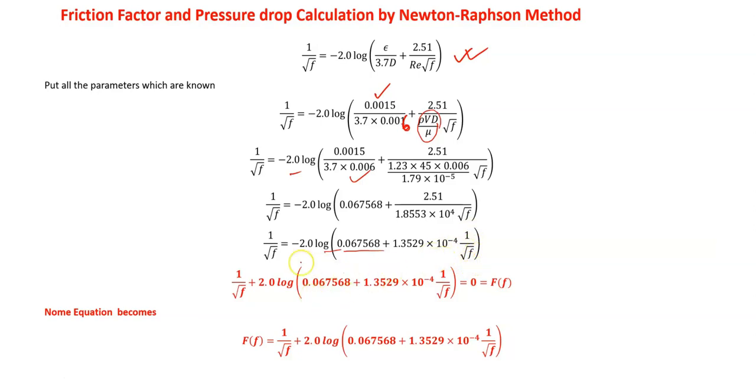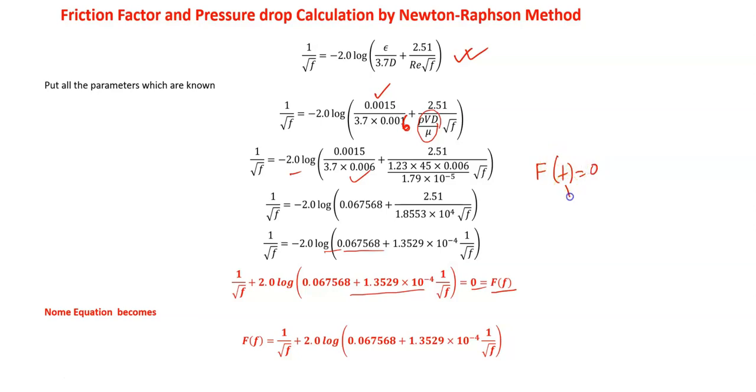Now if we move everything to the left-hand side, 1 by root f plus 2 log of this expression is equal to 0. So this is the function, right? I'm writing the function as capital F, and f is the friction factor we have to calculate. So that will be the root of the equation: F of f will be 0.